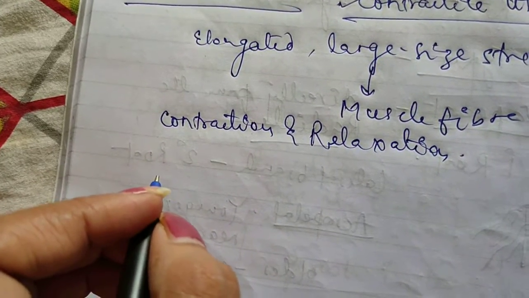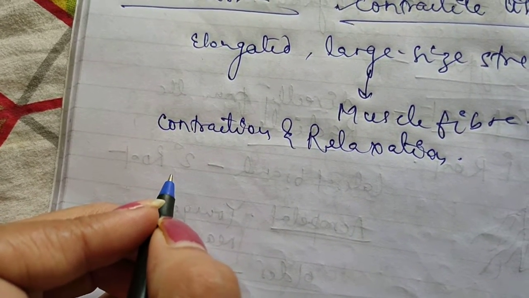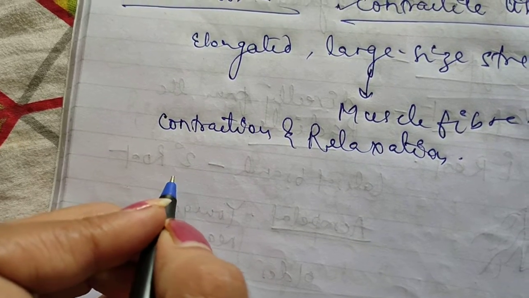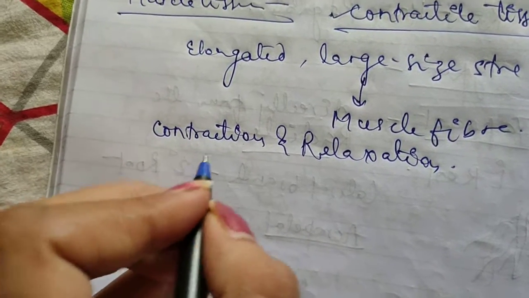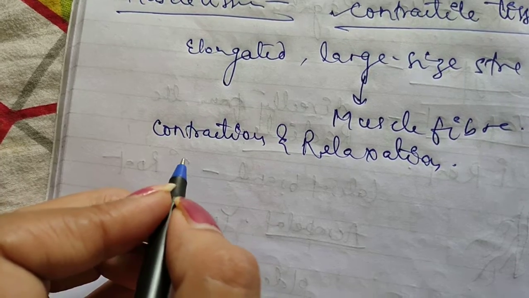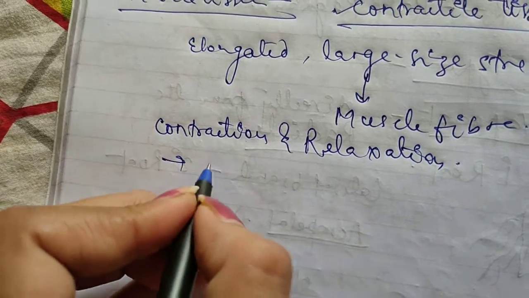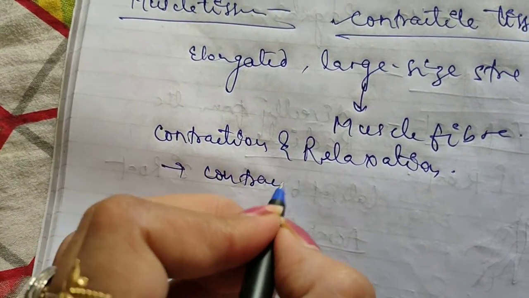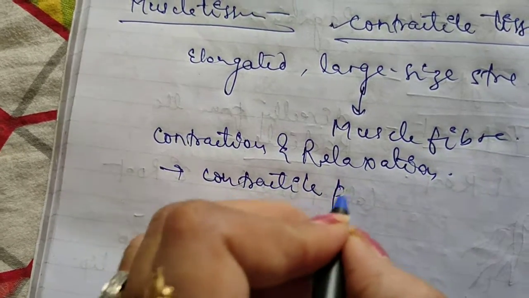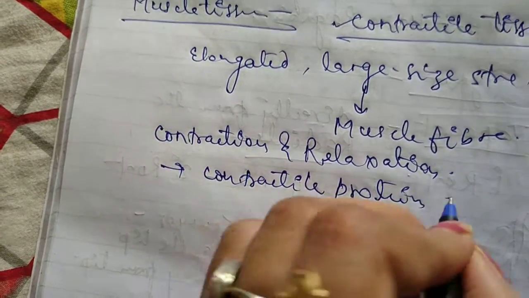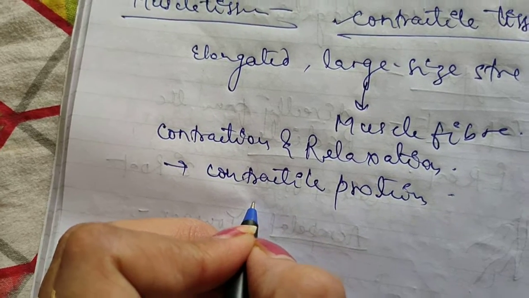So the movement of our body limbs is brought about by contraction and relaxation, and there is a protein known as contractile protein, which is responsible for this movement.